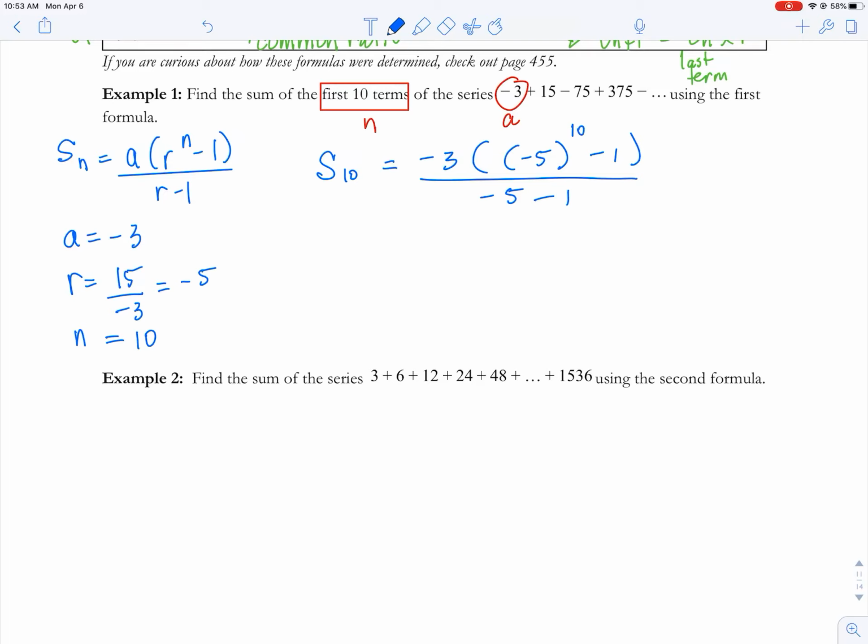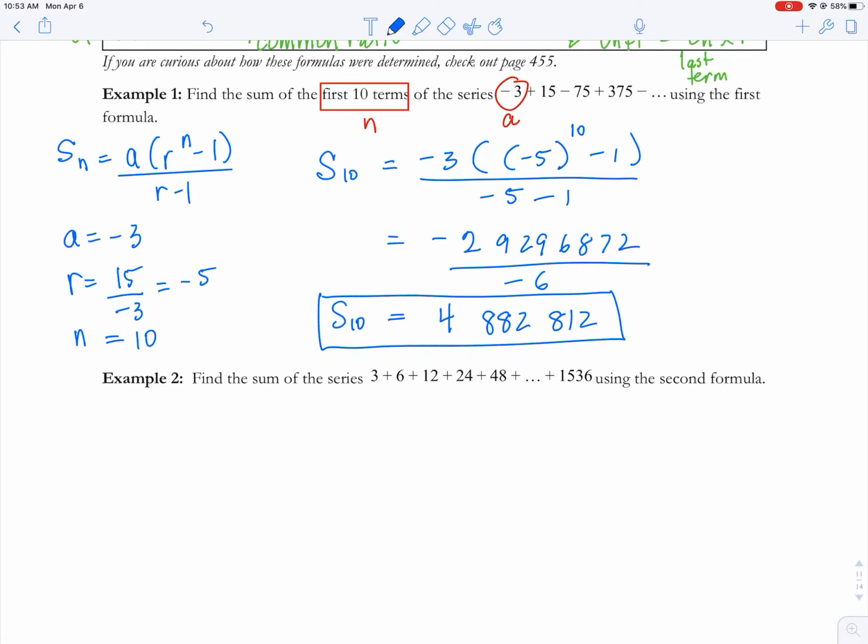When I did it on the calculator, I did it in 2 steps, but you could do it all together. I got 29,296,872, all divided by minus 6, so overall, the sum of the first 10 terms is 4,882,812. And that's the sum of the first 10 terms.